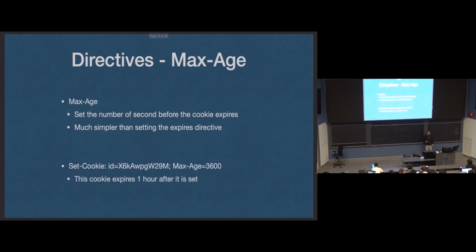The one we'll actually use in this course, because it's way simpler and fits our use case much better, is max age. This is a number of seconds that need to elapse before the cookie's expired. So if I say max age is 3600, I'm saying this cookie should expire in 1 hour after it's set. So when the browser gets that response, it's going to start a clock. 1 hour later, that cookie is going to expire, and it's no longer going to send the cookie to your server.